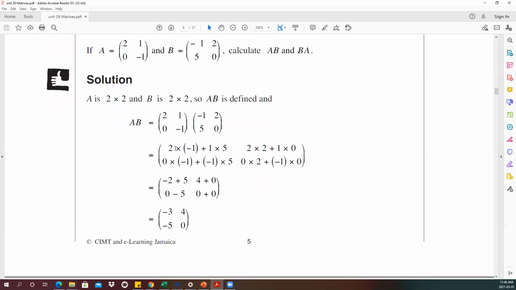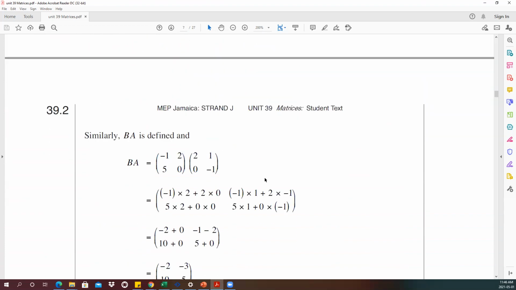After you simplify these, 2 times minus 1 is minus 2. 1 times 5 is 5. This works out to minus 3. Then you go again. 2 times 2 is 4. This has 0 right here, so you just get 4. And then you go through and simplify it, get minus 3, simplify this, and you get 4, so on and so forth.